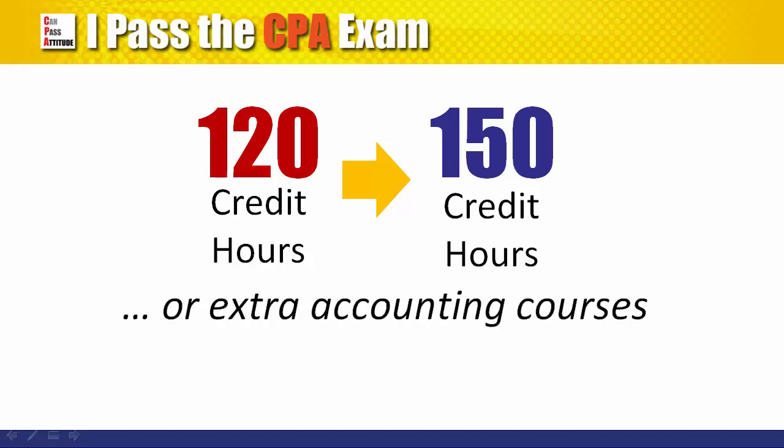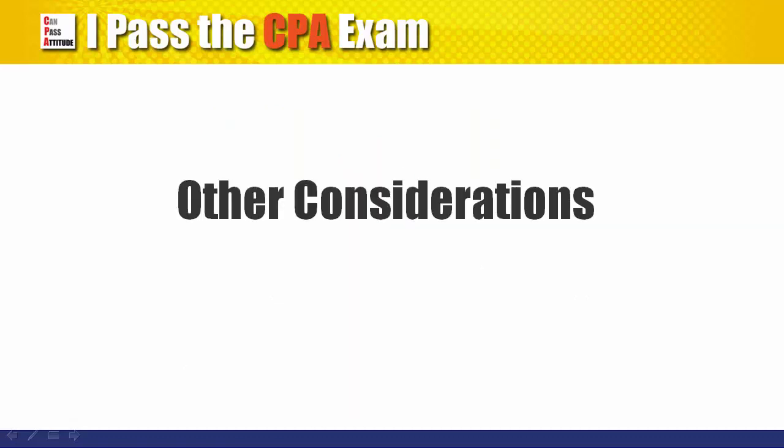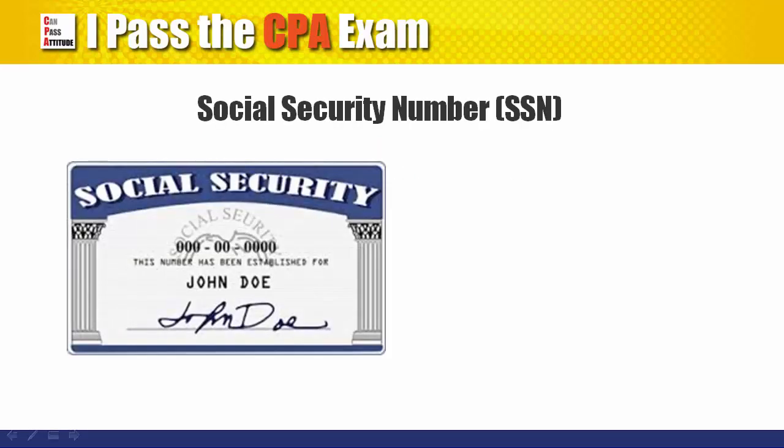Other states may require extra accounting credit hours for licensing. Examples include California and Pennsylvania. For a smooth licensing process, make sure you check not only the rules for the exam, but also those for the license.